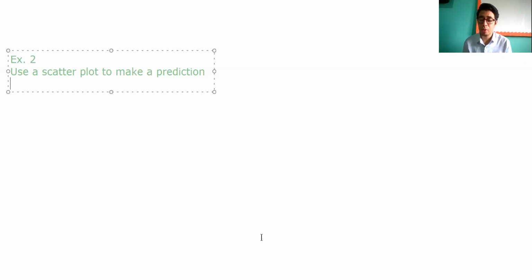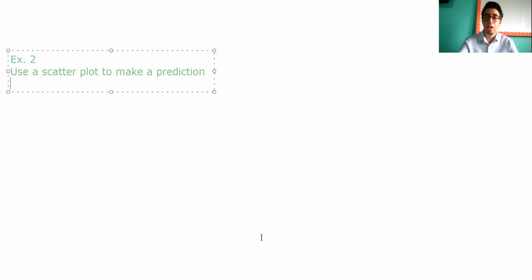About how many people should the owners of the park expect at the water park when the outside temperature is 90 Fahrenheit degrees? We need to find the Y value for an X value of 90.